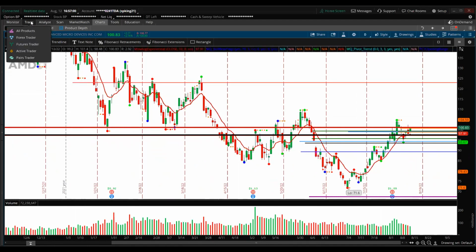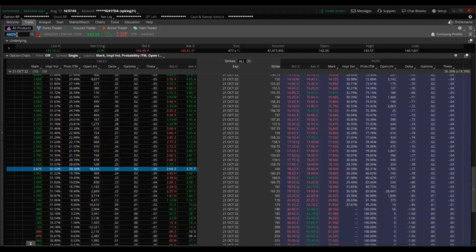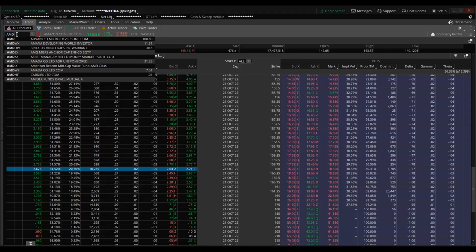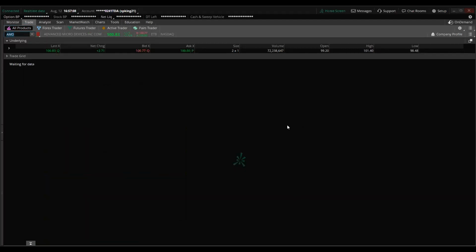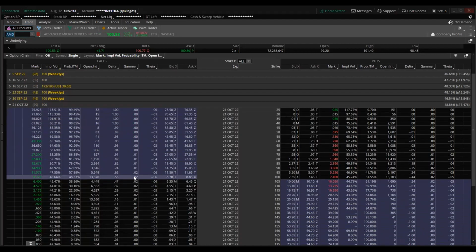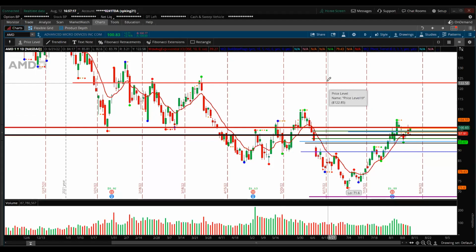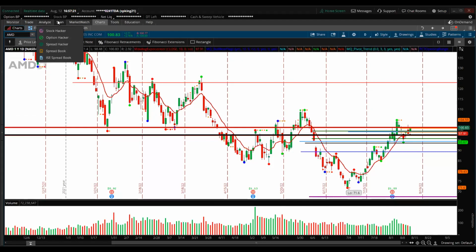So if I go into AMD, I'm going to stick with the same expiration, the October. We said the level we're looking at is 123, call it 125, maybe 120, somewhere in that area.